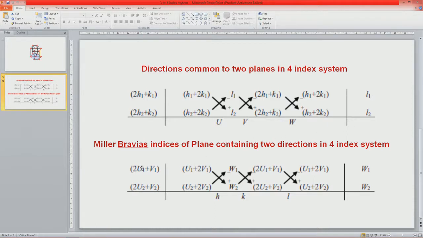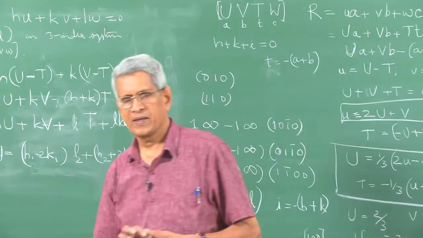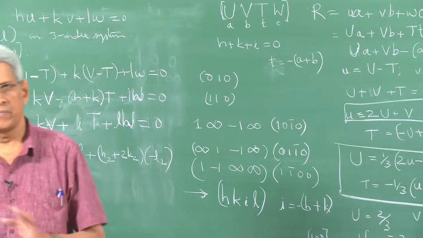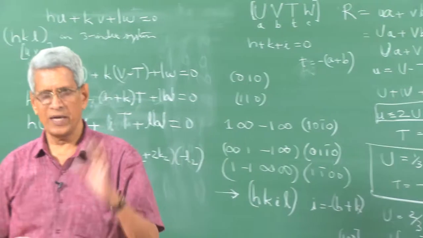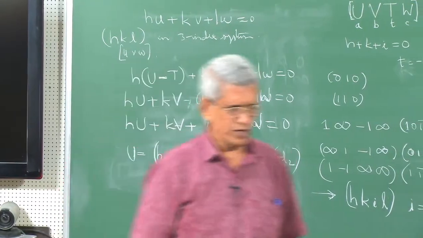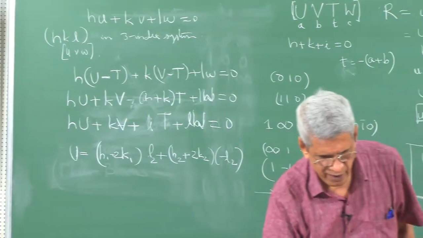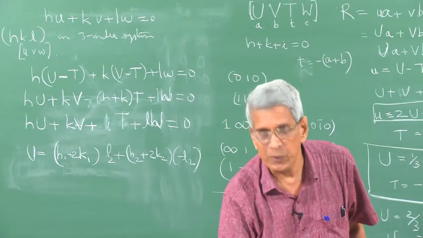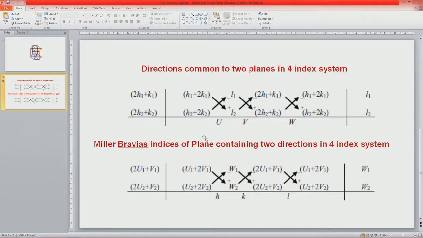Similarly, suppose you are given 2 directions in a 4 index system, and you want to find the plane which contains those directions. We can use the expression given here, this table. It is exactly the same way. H will be equal to, you multiply this term by this one, add them together, and you will get the value of H. H, K and L, if we know, H plus K equals I. So, we have the 4 index plane system.